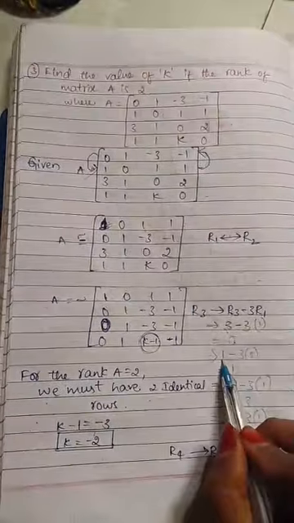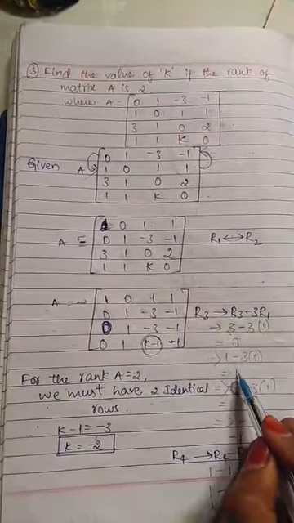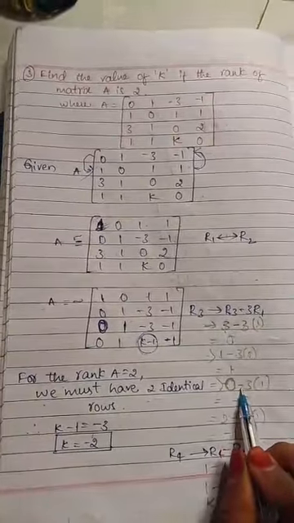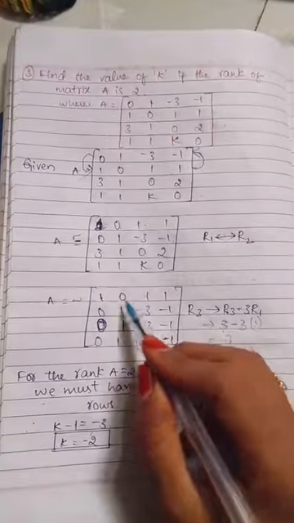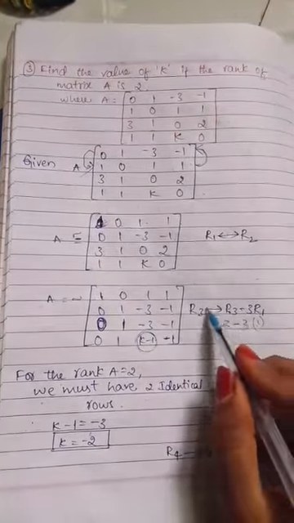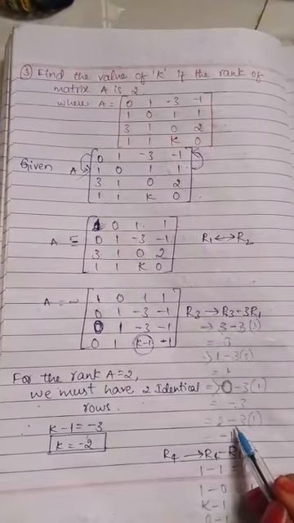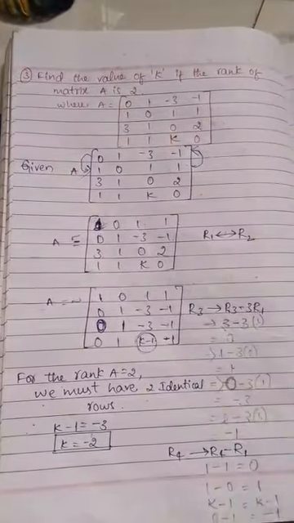Again R3 is 1 and 3 into R1 is 0, so the value is 1. Here R3 is 0, and 0 minus 3 into 1, then the value will be minus 3. See, I am getting similar values while doing this. Then R3 is 2 minus 3 into R1 is 1, that is minus 1. I got two identical rows, right?